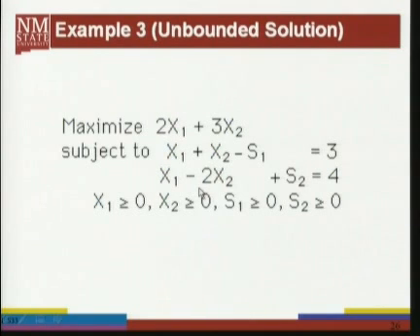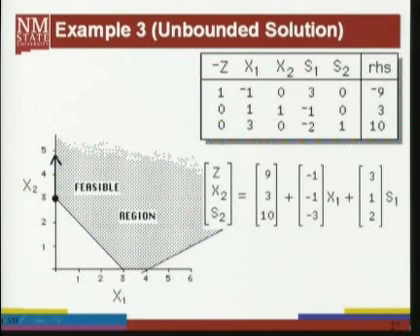So our original LP has been converted to the standard form like this, and the initial tableau for the simplex algorithm will be constructed based on this standard LP. Suppose that after one or more pivots, we obtain this tableau. This tableau is not optimal because the S1 variable has a positive relative profit, so S1 is selected to enter the basis.